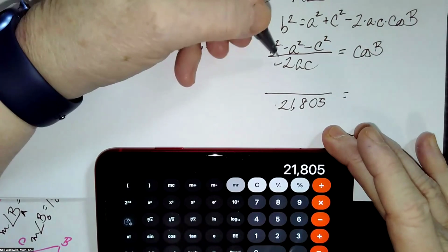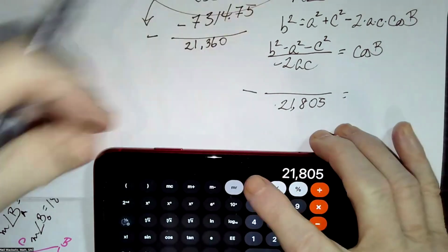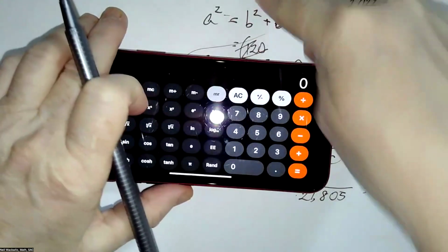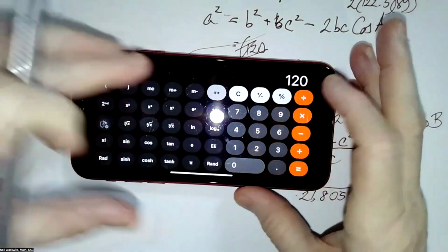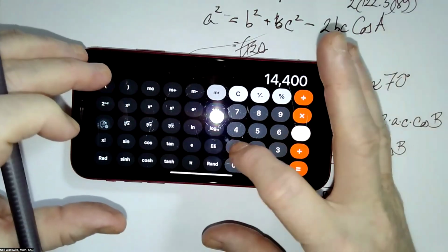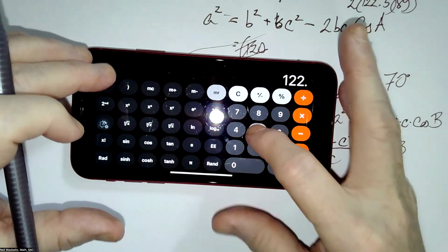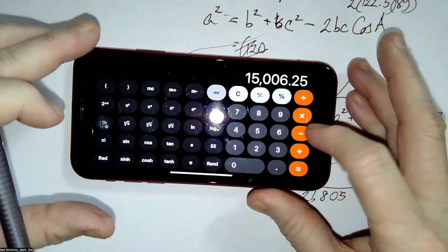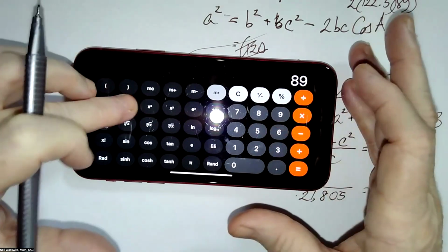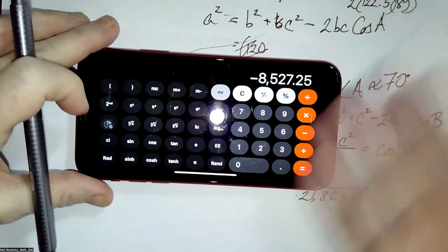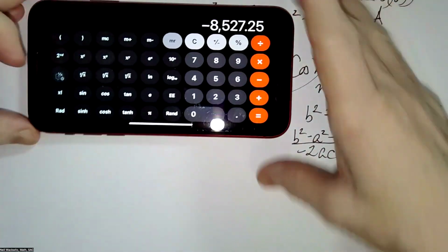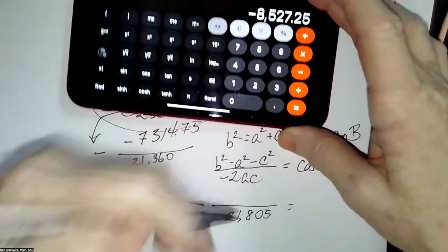This negative, I'm moving out front. And now I have b squared. B is 120. So 120 squared minus a squared, 122.5 squared, minus c squared, 89 squared equals, and we get another negative. So that's good. We've got two negatives. The end result will be positive.